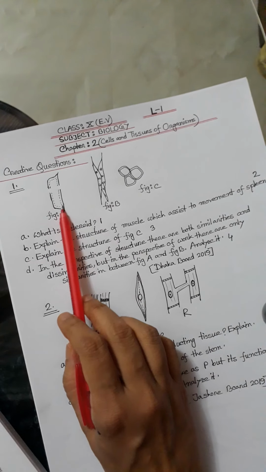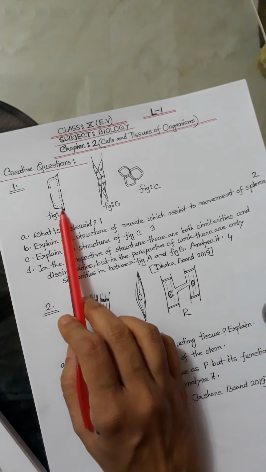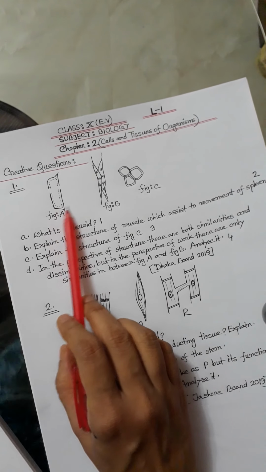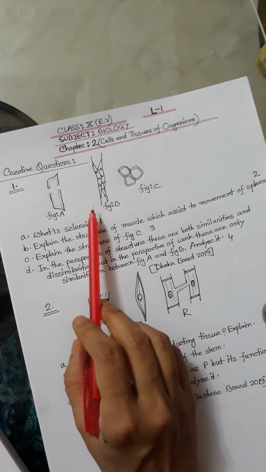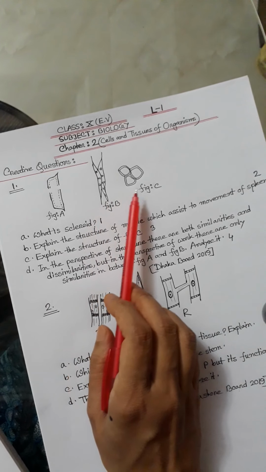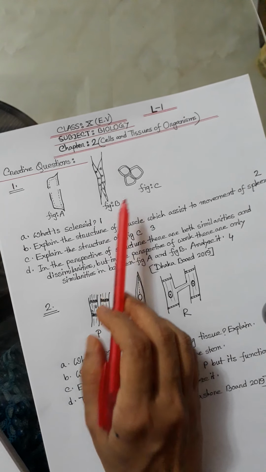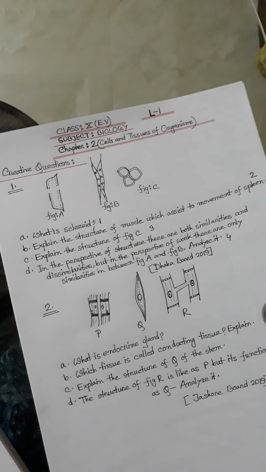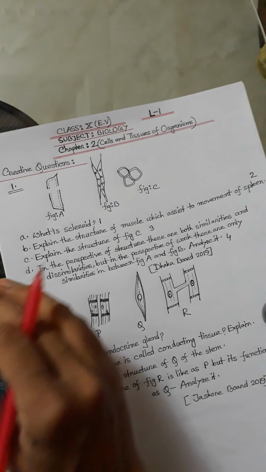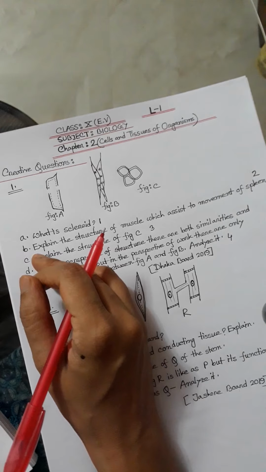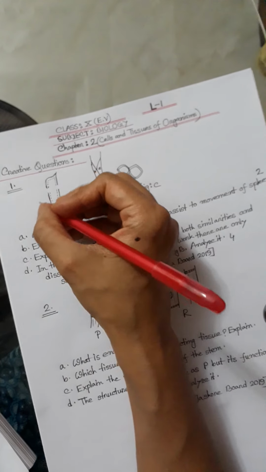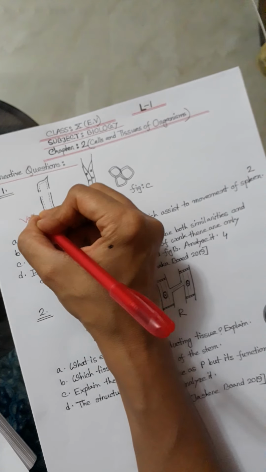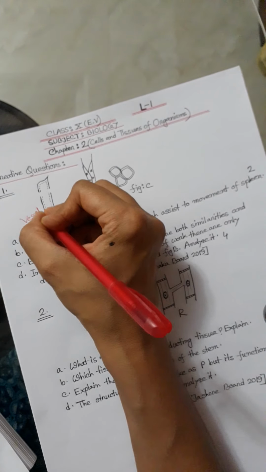Here in the figure is one type of tissue cell, and here another type of cell, and here one type of cell. Can you guess any idea about this figure? This is a vessel.